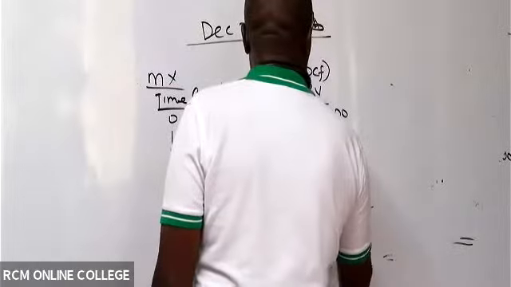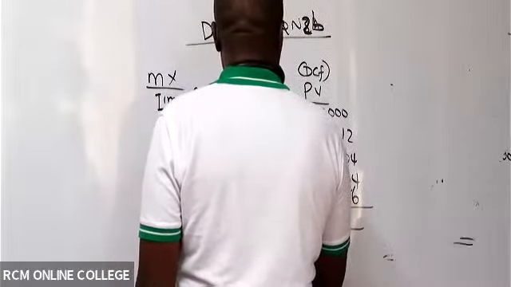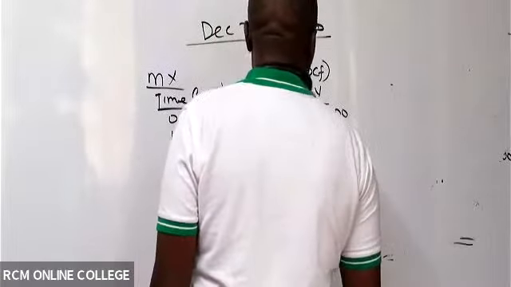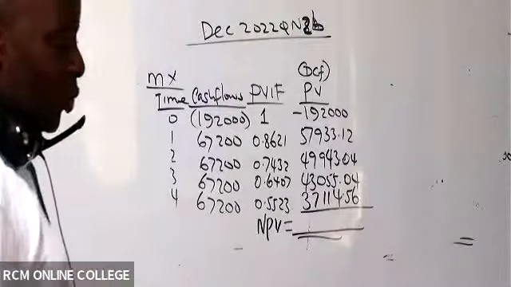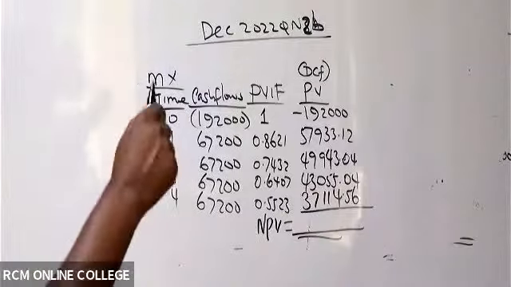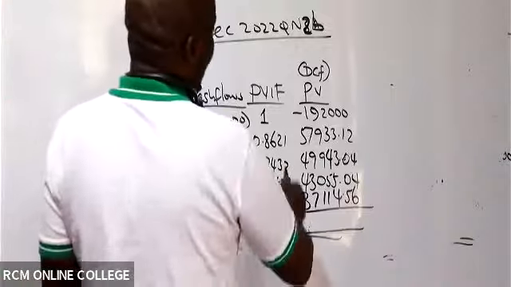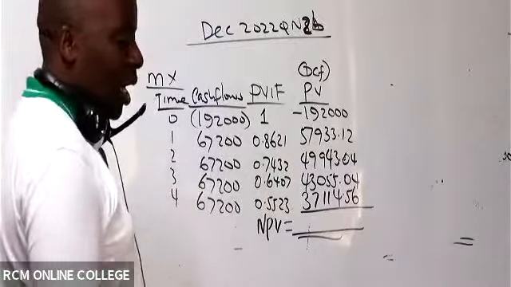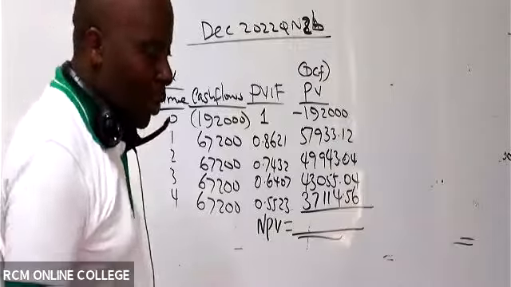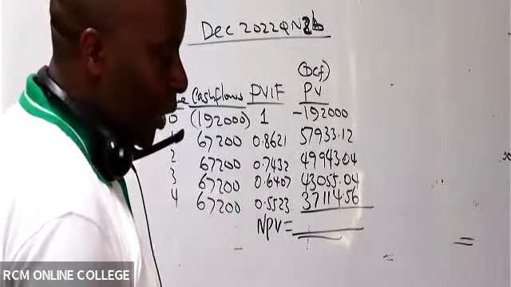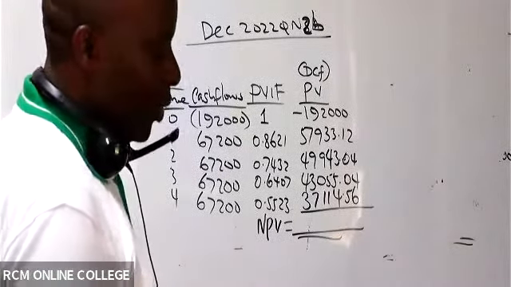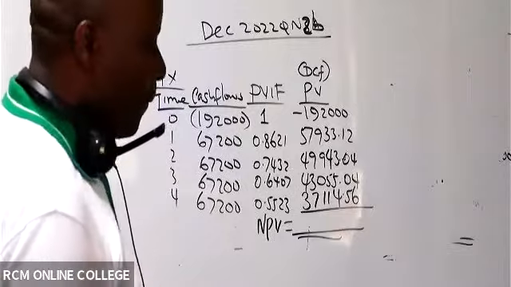So come and give us the total, the net present value. Now you can add all the discounted cash flows. Remember, these are discounted cash flows. So according to a student, she's getting 37,114. No, that's for year number 4.